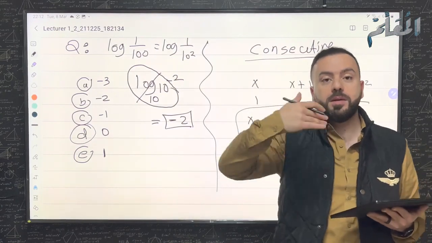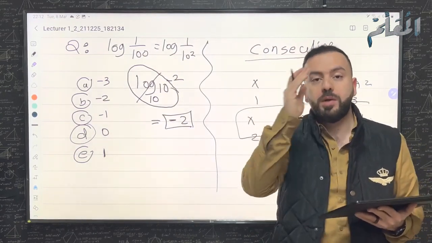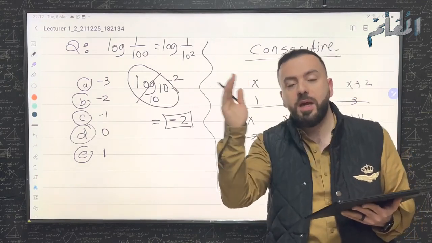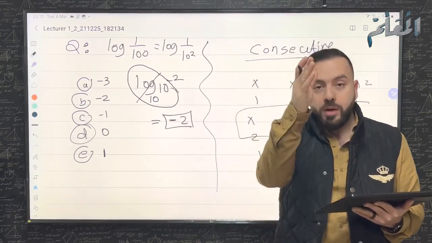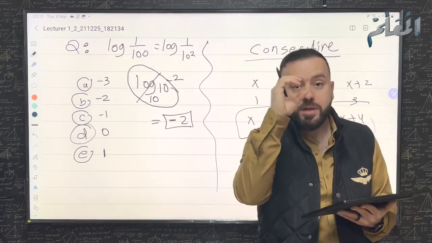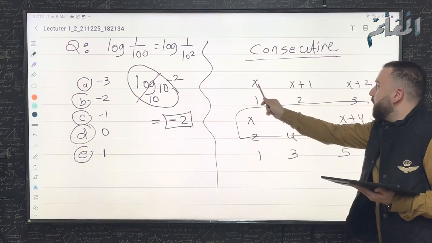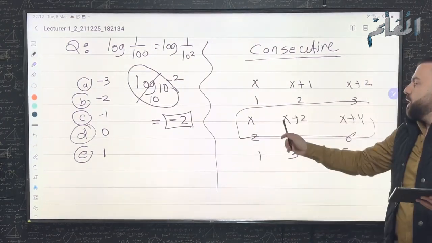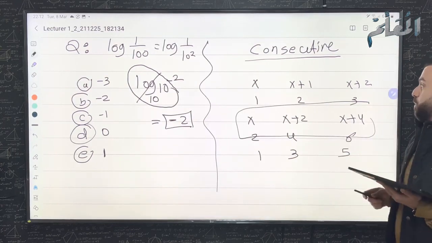Consecutive means after each other: 1, 2, 3, or 2, 3, 4, or 4, 5, 6. Even: 2, 4, 6, or 4, 6, 8. Odd: 1, 3, 5, or 3, 5, 7. But the rule for normal numbers is x plus 1, x plus 2. For even and odd numbers, it's x plus 2, x plus 4.